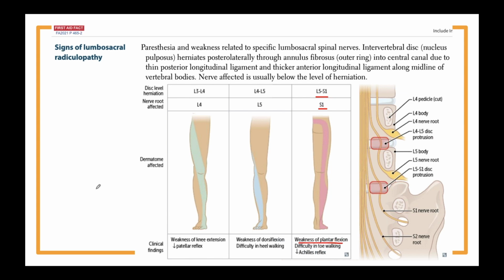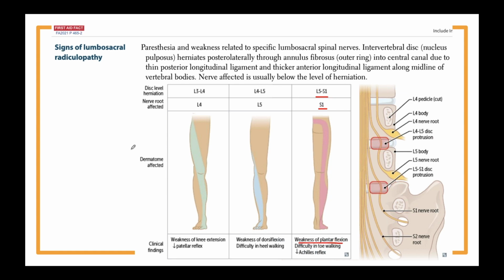Different presentations, different areas of the skin that would be affected with decreased sensation. So hopefully you guys are seeing how it's important to know where those dermatomes are, because they could give you a question just like this. They could say the lateral part of the foot has decreased sensation, the medial part of the foot has decreased sensation, and then it would be up to you to know which nerve root is affected.